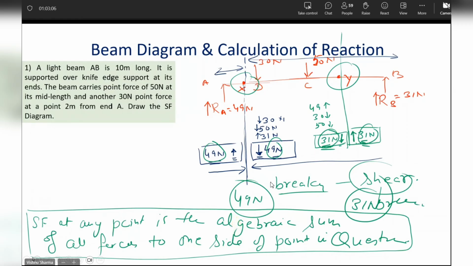Yes, sir. Okay. So if I have to find the shearing force at any point, what do I need to do? I just need to see how many forces act on one side of it and do their algebraic sum, upward and downward. Whatever is the resultant, that is the shearing force at that point.